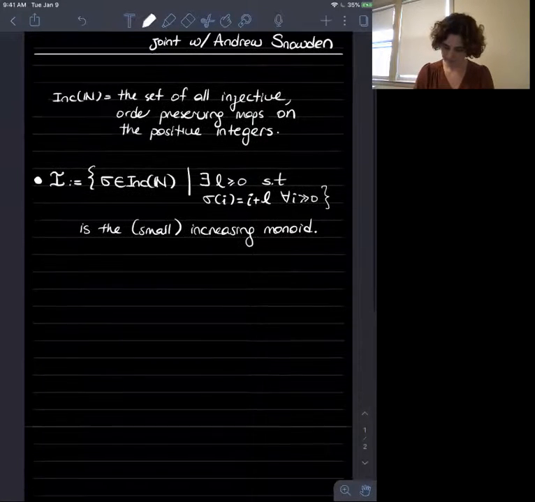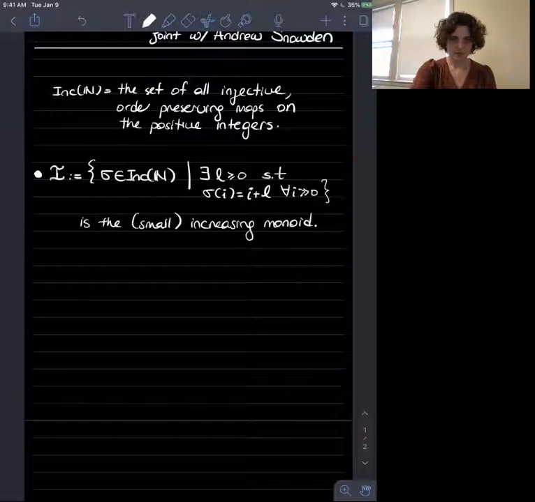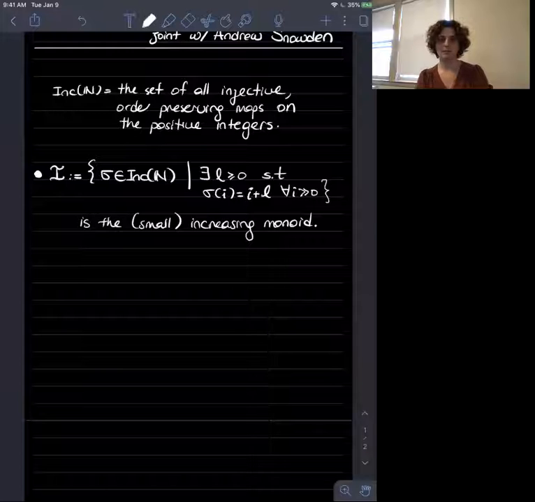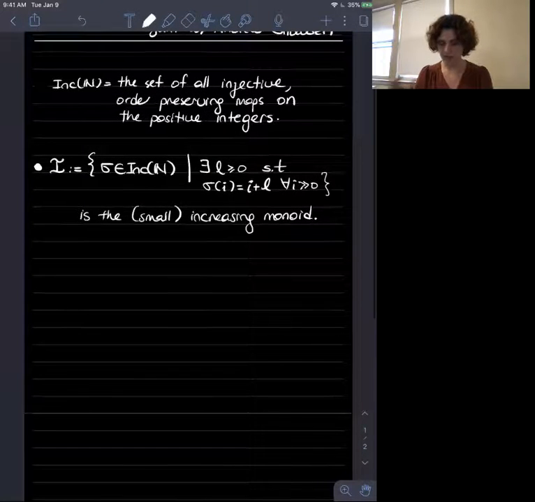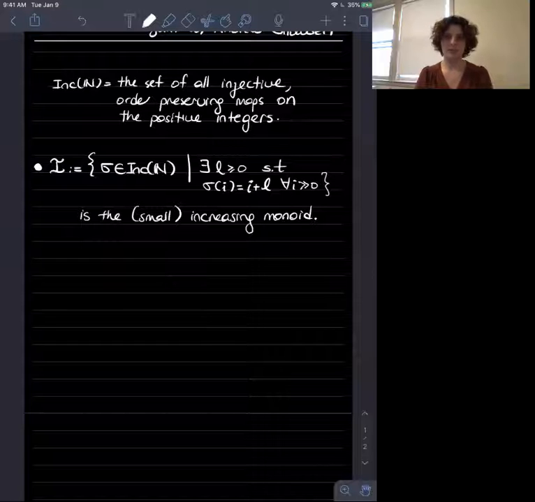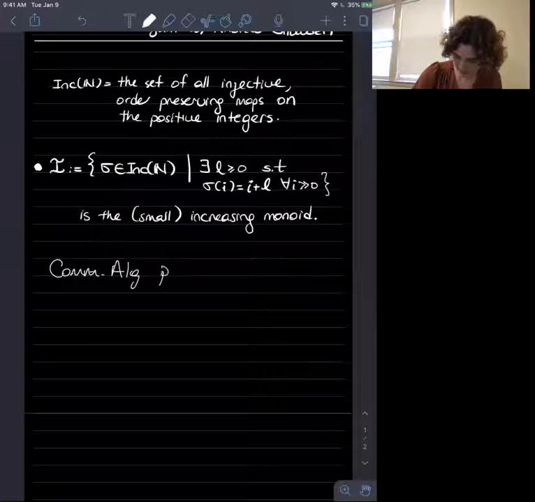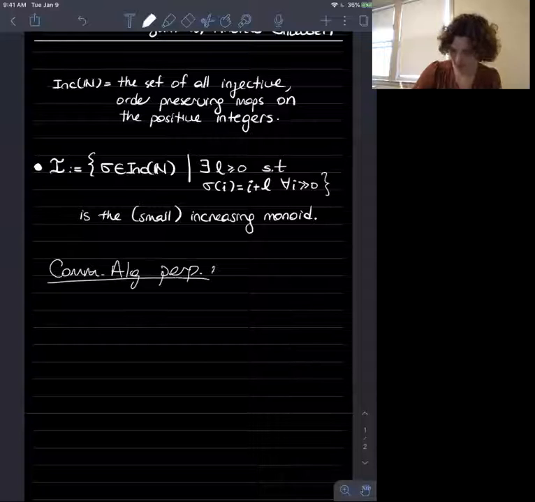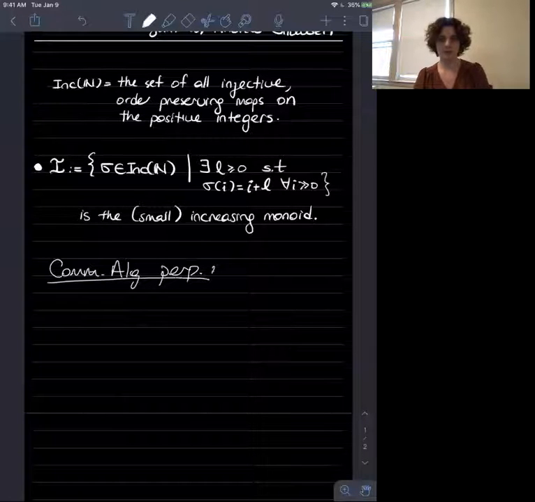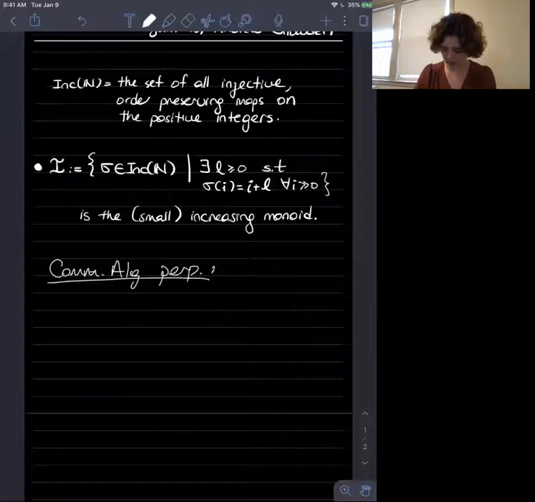So before I start the representations, I'd like to state a few results regarding these Inc actions, especially the ones connected to commutative algebra, from a commutative algebra perspective. And we'll see another connection with commutative algebra throughout the talk as well.